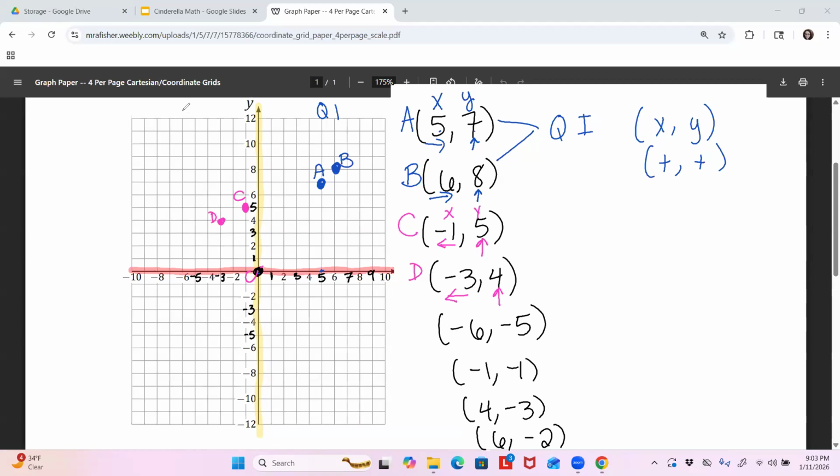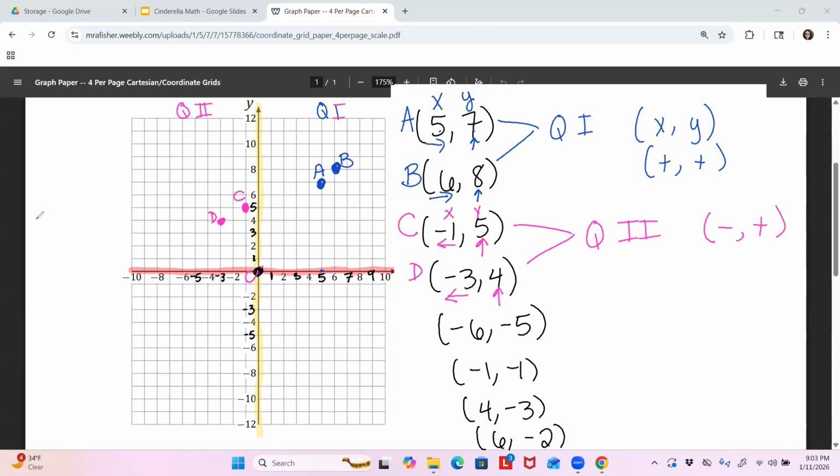And you'll notice that those both landed in quadrant 2. Some teachers will have you memorize that in quadrant 2, the x is negative, the y is positive. So we went left, then up to get us into quadrant 2.